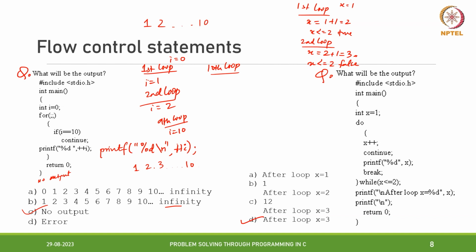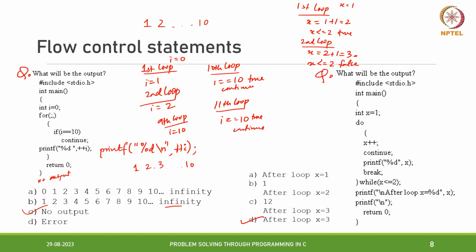So what happens in the 10th loop, I equals 10, so this condition is satisfied now. I equals 10, this is true. If it is true, then it will continue. Then there will be no increment. If it continues, the printf statement is skipped, and if the printf statement is skipped, there will be no more increment of I. That means in the 11th loop, I value is still 10, and it will still satisfy this condition, it will still be true, it will again continue.